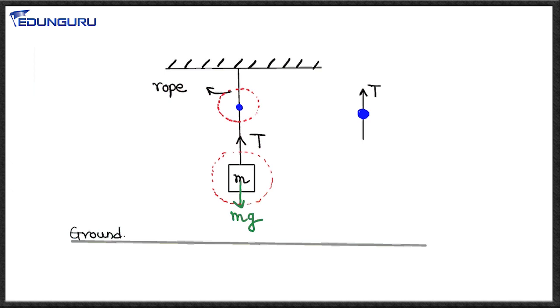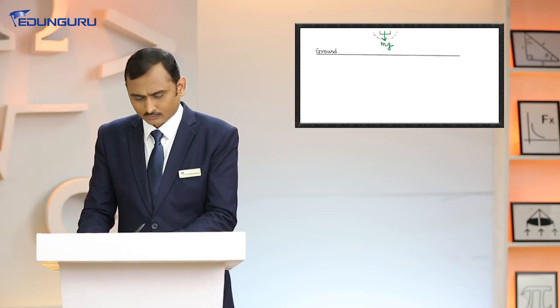So this is the tension T above it and this is the tension T below it. I am taking these two tensions to be the same because the point is at rest. So this is how the tension acts on the body. It will come into existence only when there is a rope or a string attached to the body. So this is what tension is.